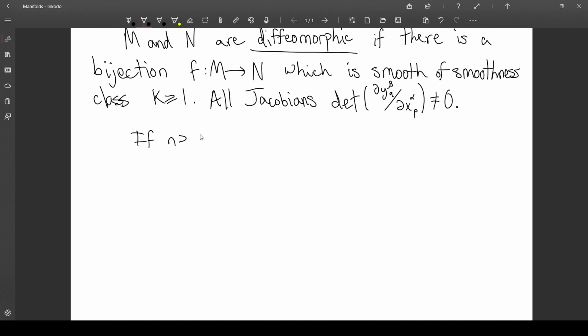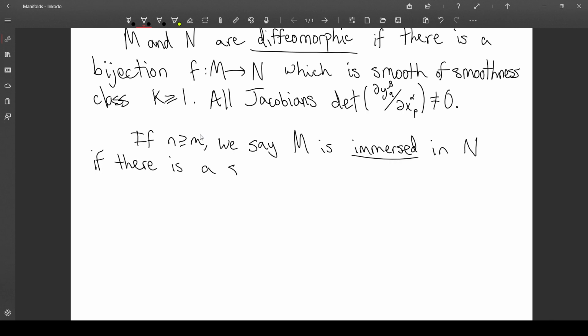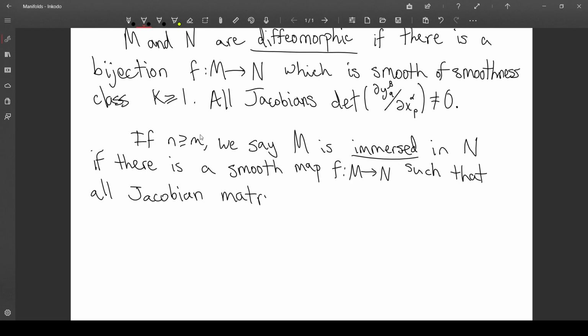So if n is greater than or equal to m, so if n has a higher dimension, we say m is immersed in n if there is a smooth map f from m to n such that all Jacobian matrices have full rank m, right?